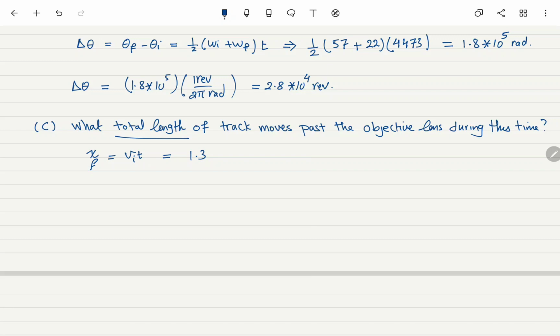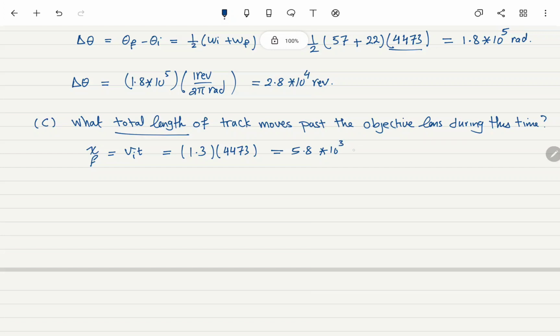So x final equals the initial t, which equals 1.3, times the total time in seconds. We just calculate this one, 4,473 seconds, so it's equal to 5.8 times 10 to the power 3 meters.